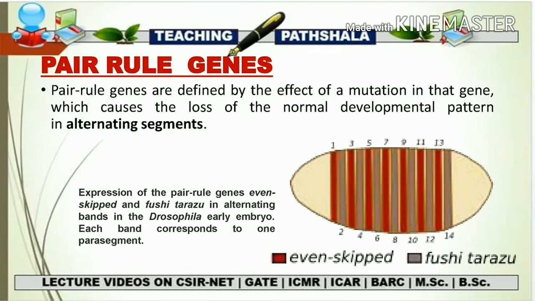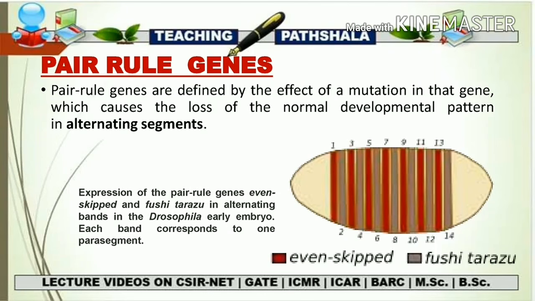So we can conclude that even skipped and Fushi tarazu express themselves in an alternative manner, because one expresses itself in odd-numbered parasegments and the other in even-numbered parasegments. That is why we are saying that they are expressing in an alternative manner.